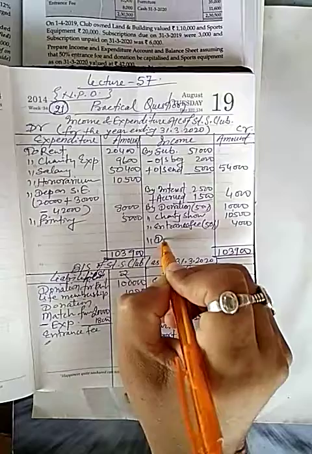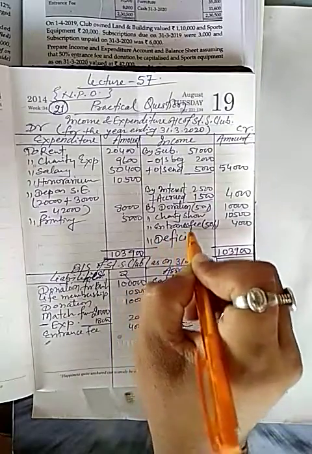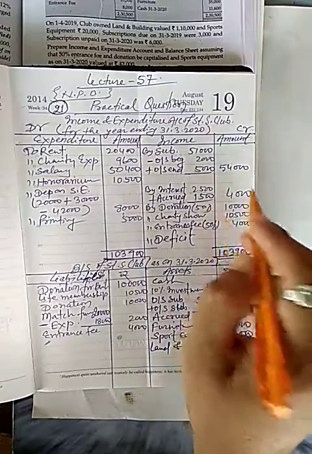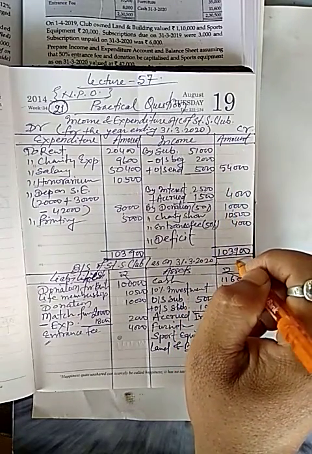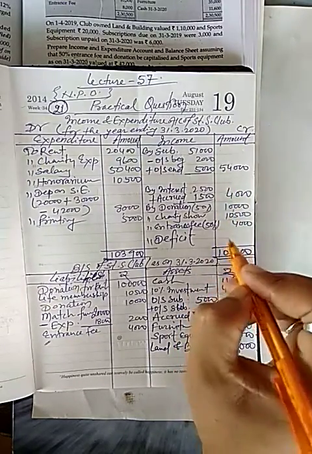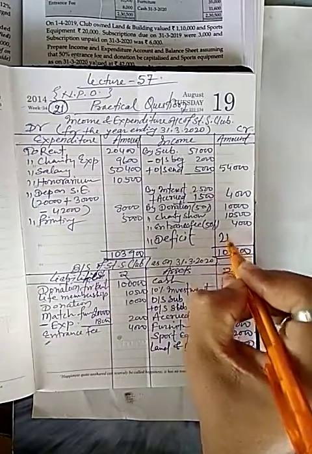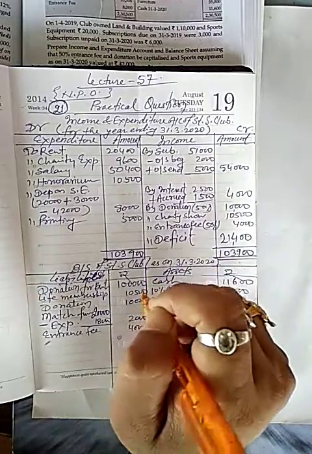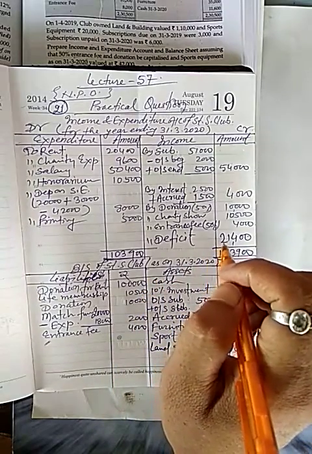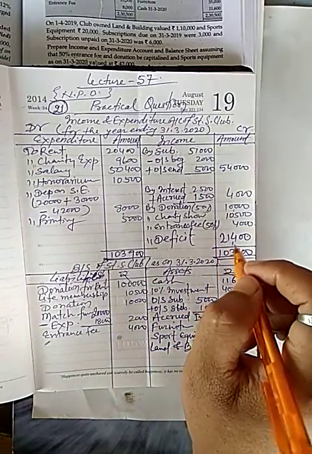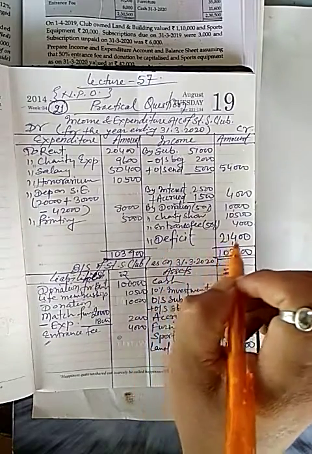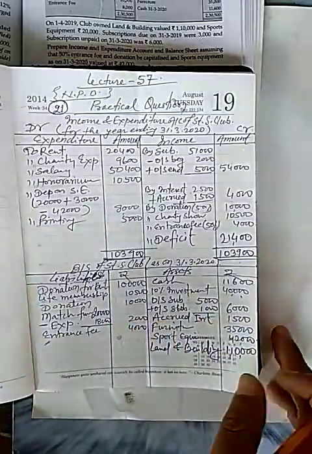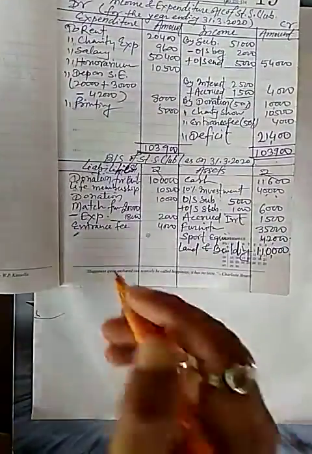So deficit will be, when I deduct all the income from expenditure, 21,400. So now I will deduct the deficit from the capital fund.